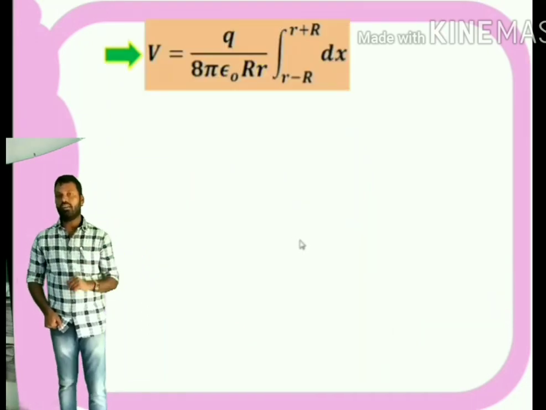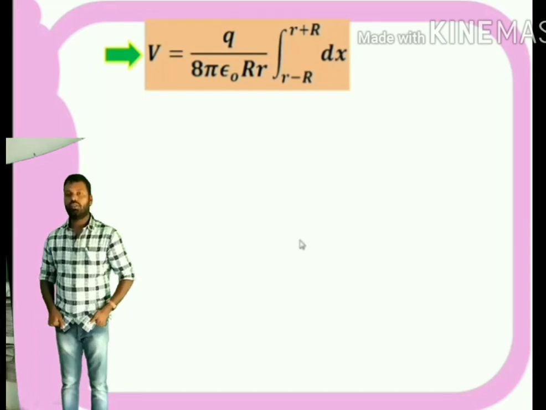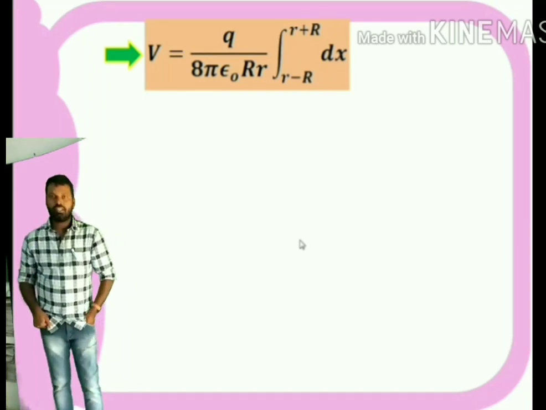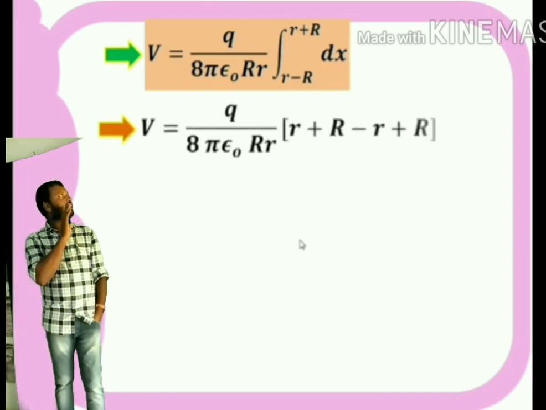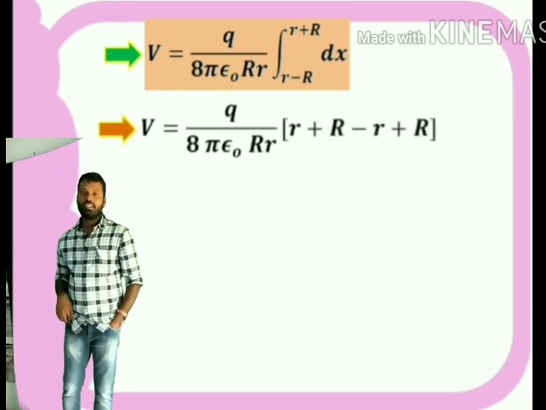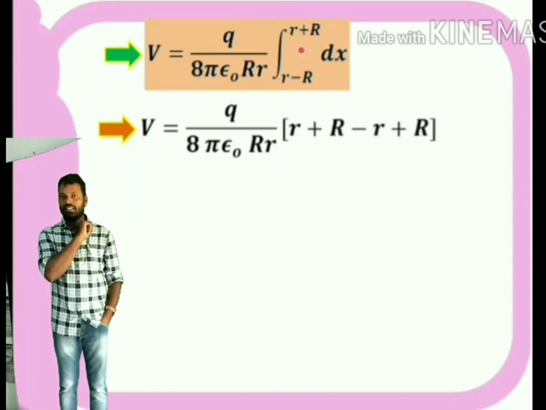Bring constants outside, all are constants. q by 8 pi epsilon naught Rr into the integration from r minus R to r plus R of just dx. If I integrate dx, what will I get? X. What are the limits? r minus R to r plus R.